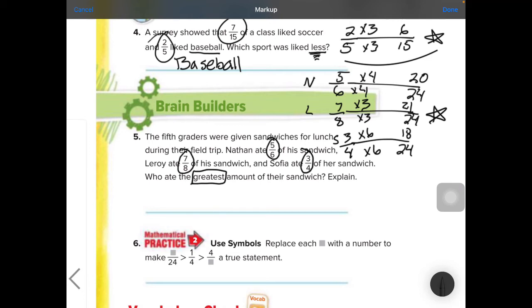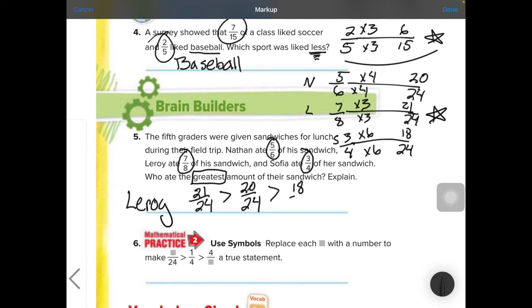18/24, 21/24, 20/24. It looks like this one is the biggest. So we could say Leroy. Leroy ate the most with 21/24. Okay, and that was greater than the 20/24, which was Nathan.